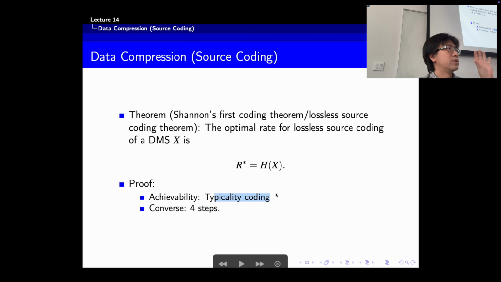We just code inside the typical set. We give one index to each code word in the typical set, and that's it. Nothing more than that. Very simple, right? But the bad part is what? We ignore everything outside of the typical sequences. Then we have error, but we can show that the error will go to 0 as n goes to infinity, and then we're good.